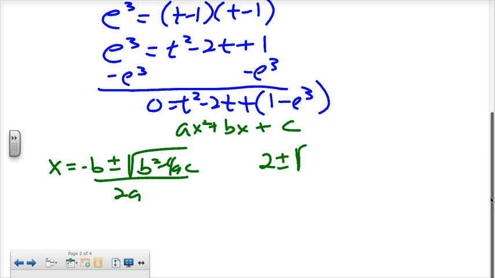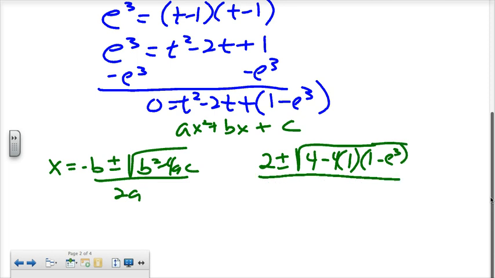Plus or minus the square root of negative 2 squared is 4 minus 4 times 1 times, yuck, 1 minus e to the 3rd all over 2 times 1, which is 2.